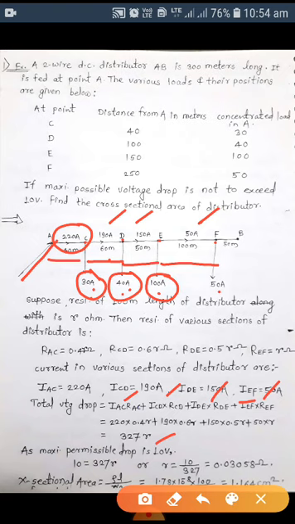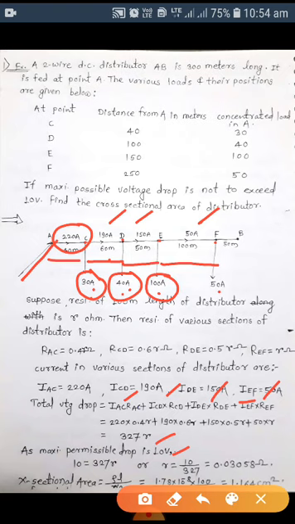In the example, they have given that the maximum permissible voltage drop is 10 volt. And we have to find out the cross-sectional area of the distributor conductor. So the cross-sectional area of distributor conductor, we have the equation, equal to rho L divided by R by 2.